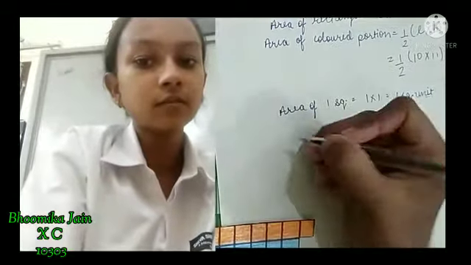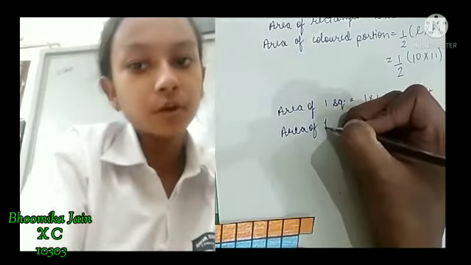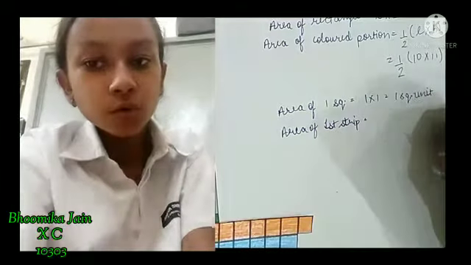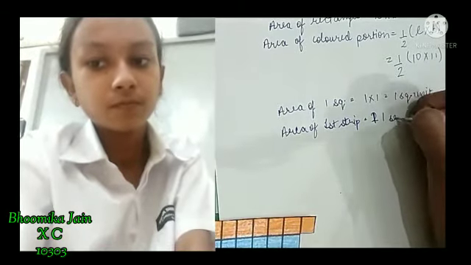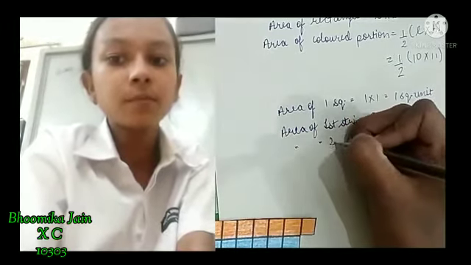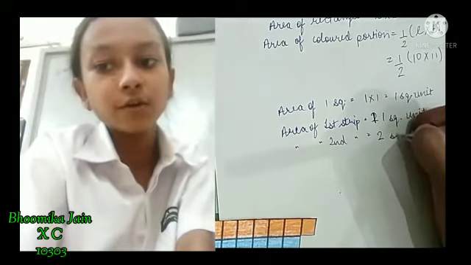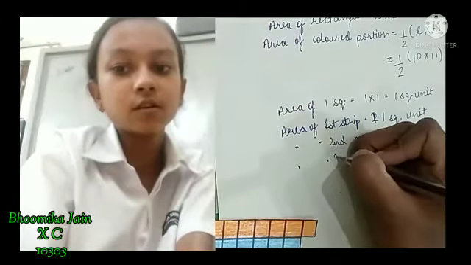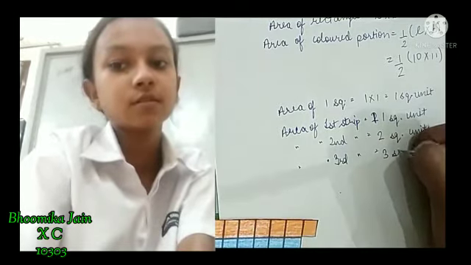So we'll write here: area of first strip is 1 square unit. Area of second strip is equal to 2 square units. Area of third strip is equal to 3 square units.